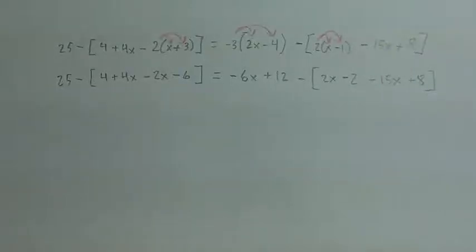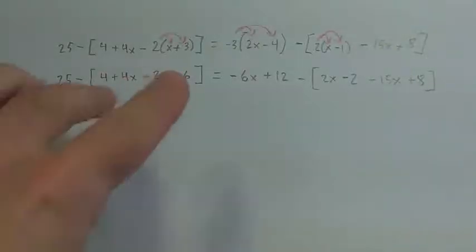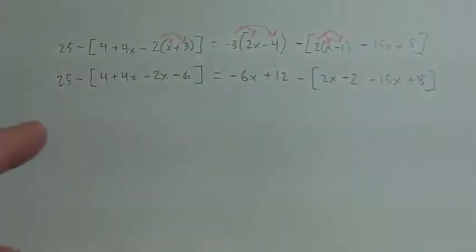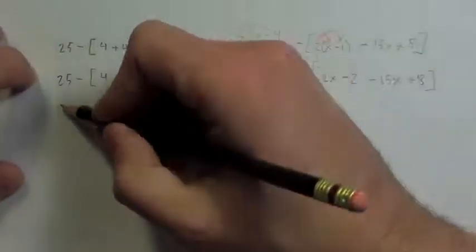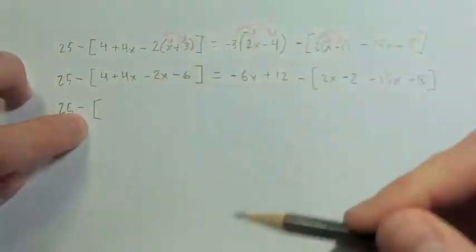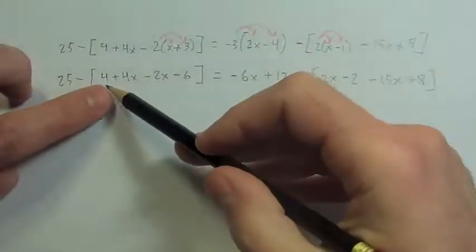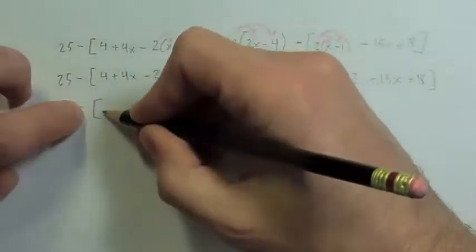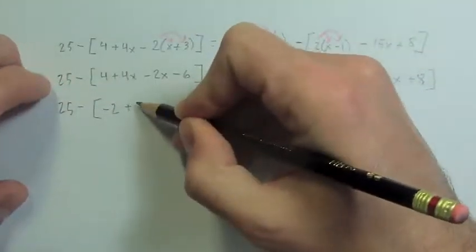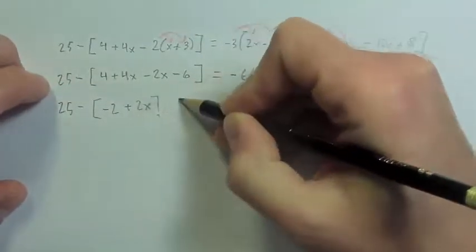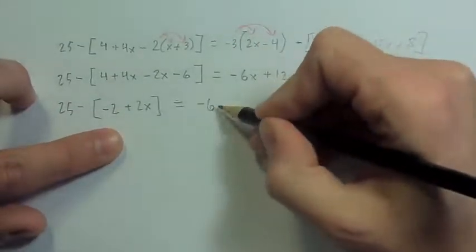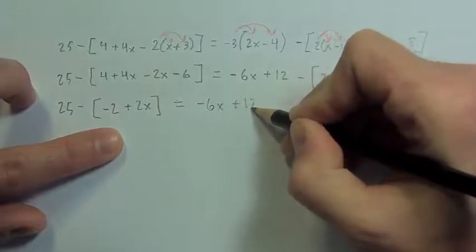Okay, now I'm going to go through and, within my parentheses or my brackets here, combine like terms. I have a lot of like terms that we could combine here. So that 25 isn't going to change. I'm not going to distribute the negative yet. We could if we wanted to, but this 4 minus 6 will give me a negative 2, and this 4x minus 2x will give me a plus 2x. Over here, I'll leave this negative 6x plus 12 alone.